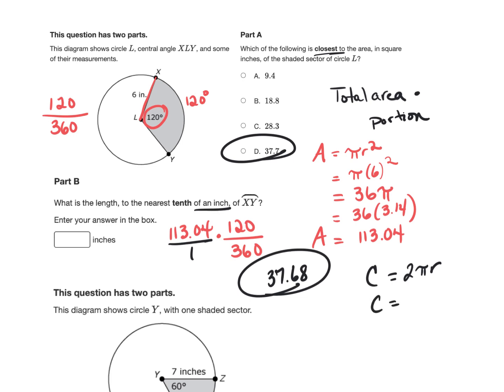So we have a circumference of 2 times 3.14 times 6. Multiply all those together, and they're going to give us the total circumference. Then multiply that times 120 divided by 360, which gives us the portion, and we will find the length of that arc in inches.